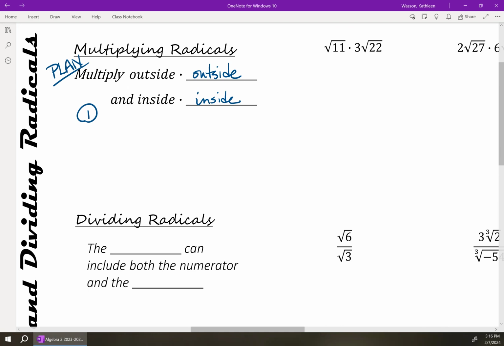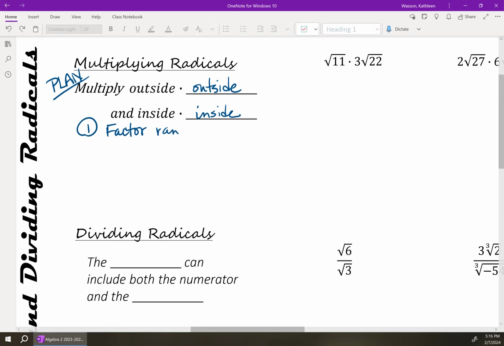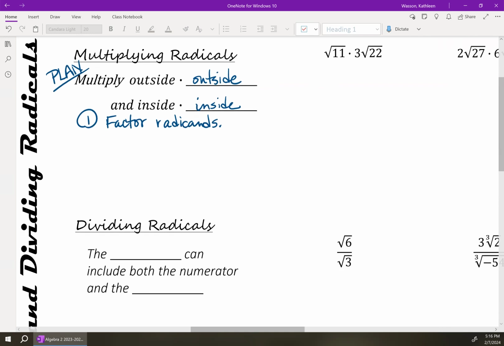So first, we'll factor the radicand, or all the radicands, if you can. And then we'll multiply. And by that, I mean multiply the outside times the outside and the inside times the inside. And then you simplify your radicals.